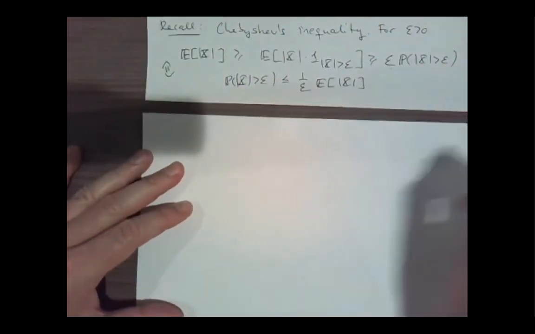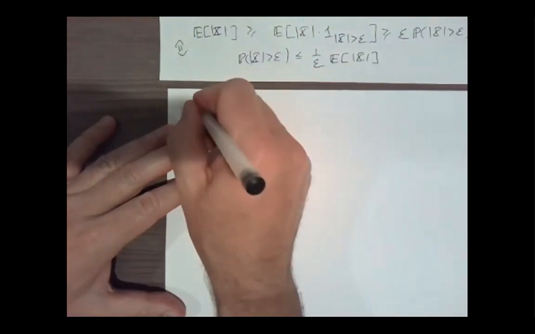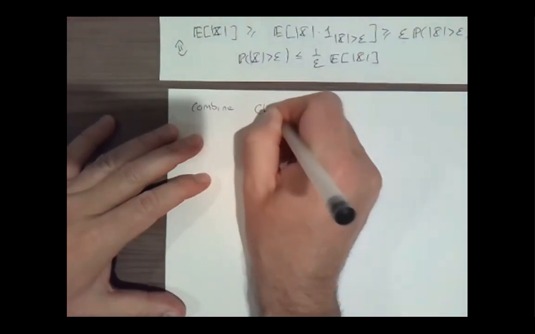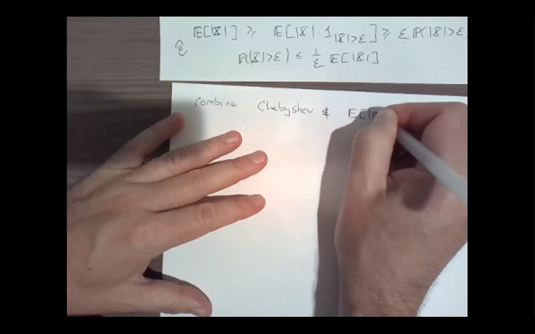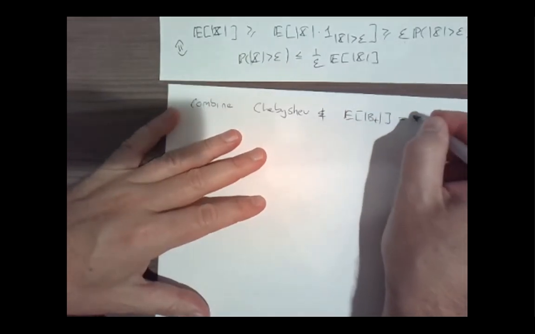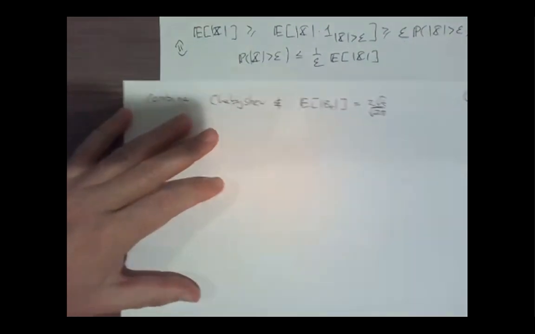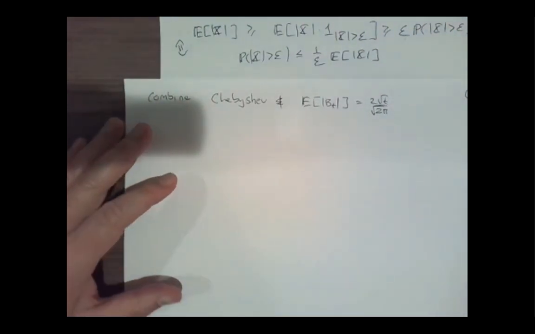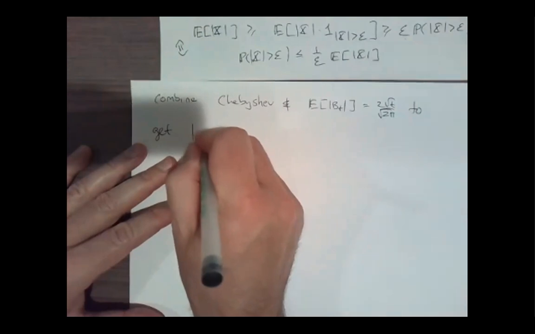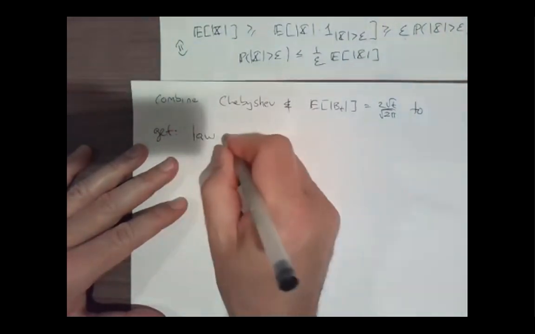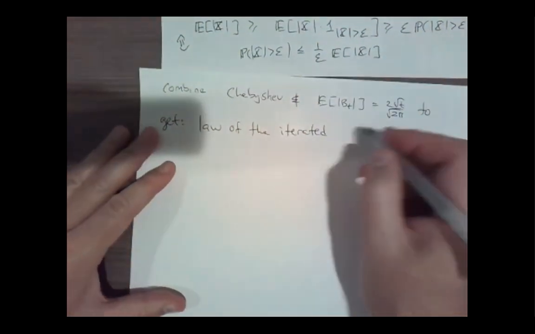So we can combine Chebyshev and this expectation being 2 root t over root 2 pi to get a version of what's called the law of the iterated logarithm.